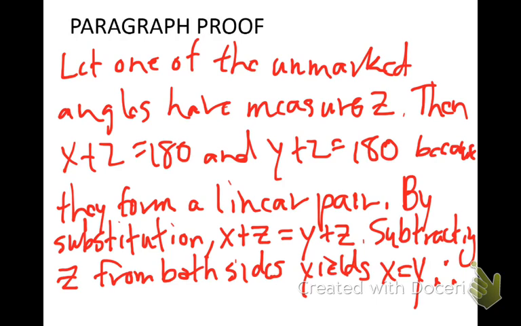They just repeat the 2-column proof. With a paragraph proof, you need to make it flow. So you see they've written it out in a manner that doesn't just repeat a 2-column proof. They give some wording to it. That's what you want to do in a paragraph proof.